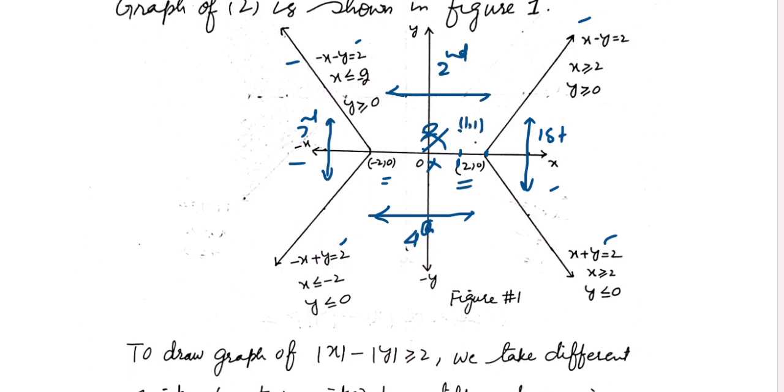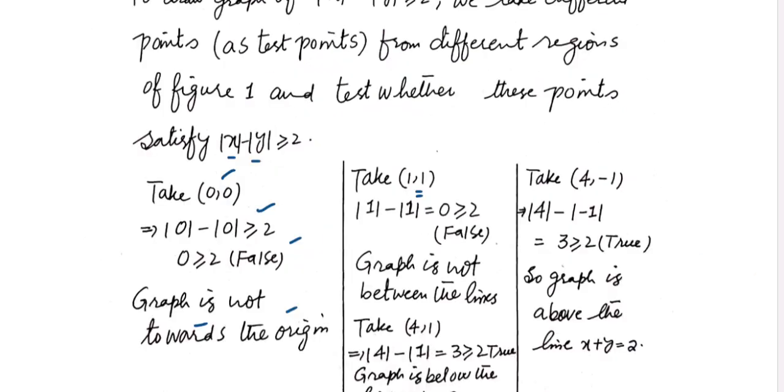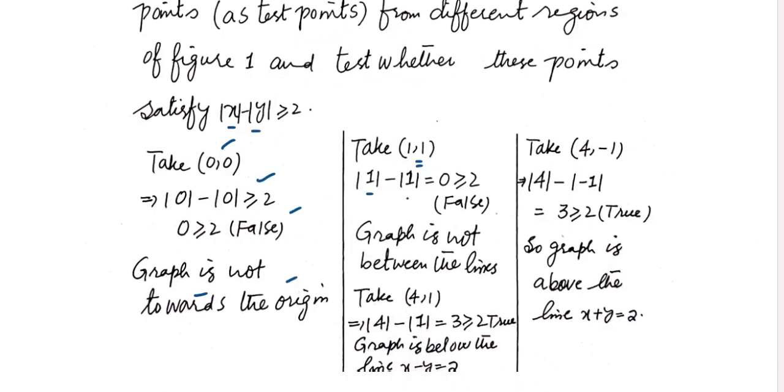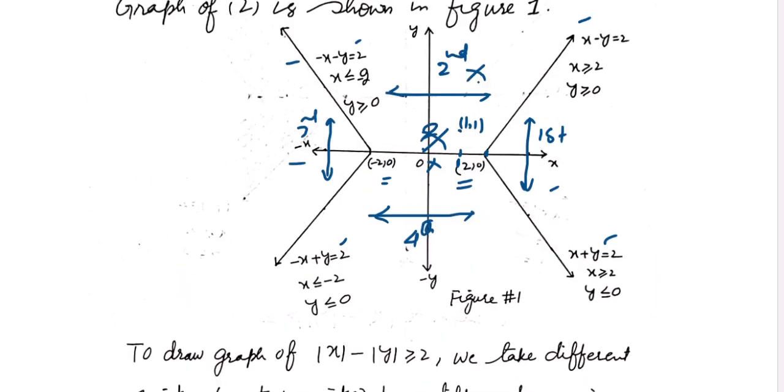Now check whether this point satisfies the given inequality or not. When you put x = 1, y = 1 in the inequality |x| − |y| ≥ 2, this becomes 0 ≥ 2, false. So the graph is not between the lines. So the graph is not here, not here, not here.